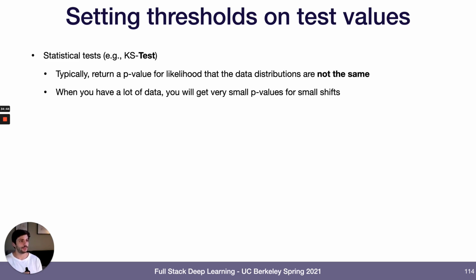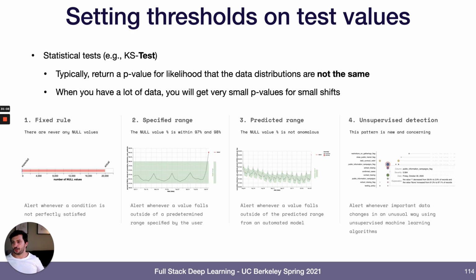Even if the mean of your distribution is shifted by a tiny amount, if you have enough data, the statistical test will tell you, p equals 0, these are different distributions. That's not really what we care about in machine learning monitoring, because generally your models will be robust to small shifts like that. So those p-values don't end up being very useful in practice.